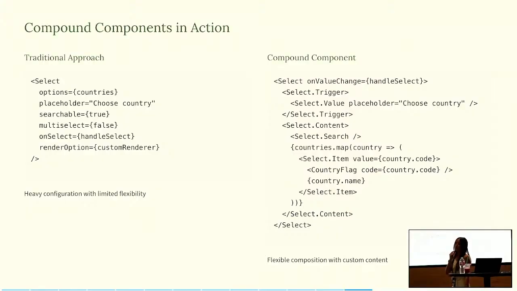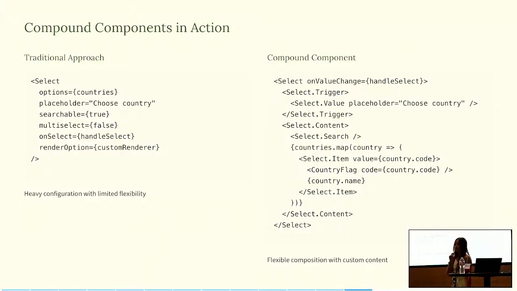Whereas when you go with the compound component philosophy, you have your parent component, which is the select, and the select will handle the functionality of when you click on the select button and it drops down. It handles that one singular functionality.